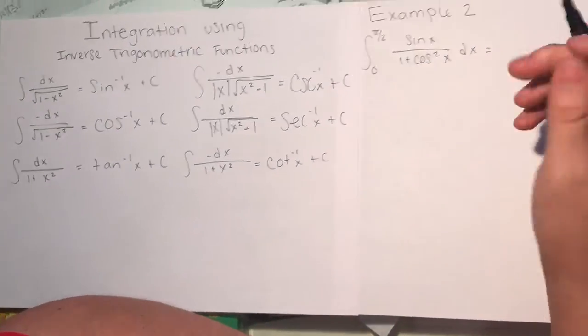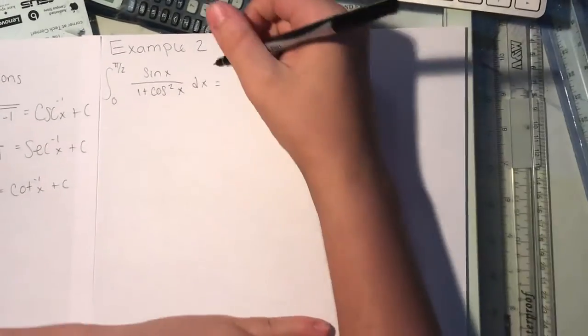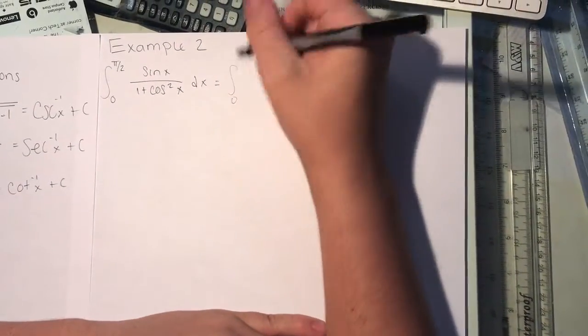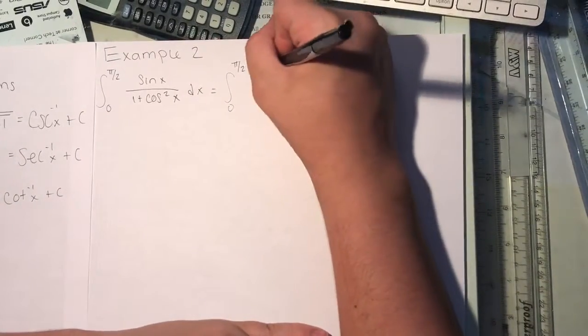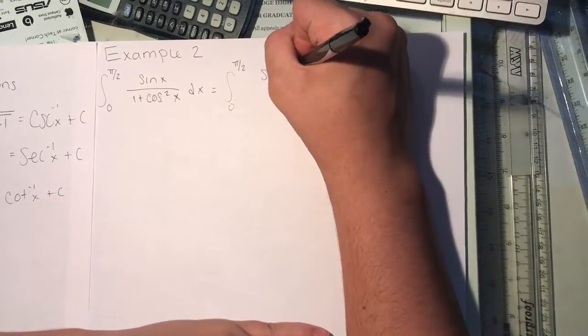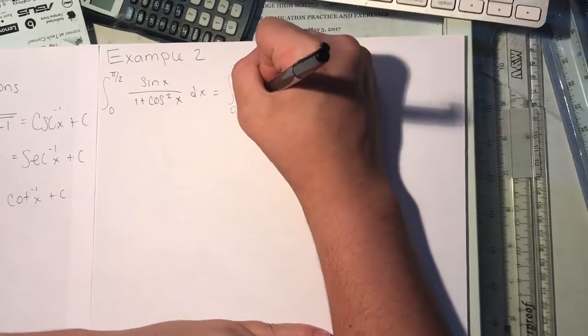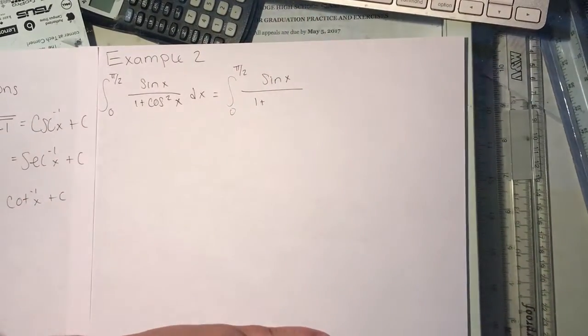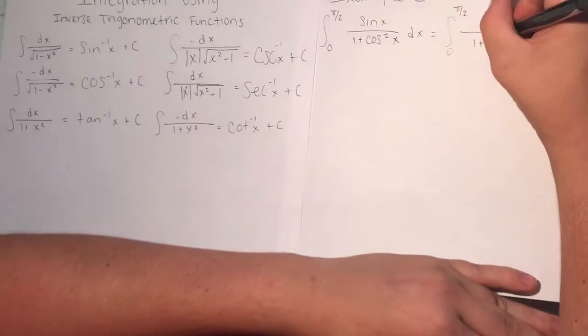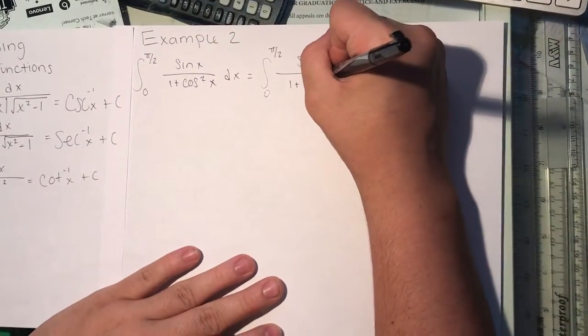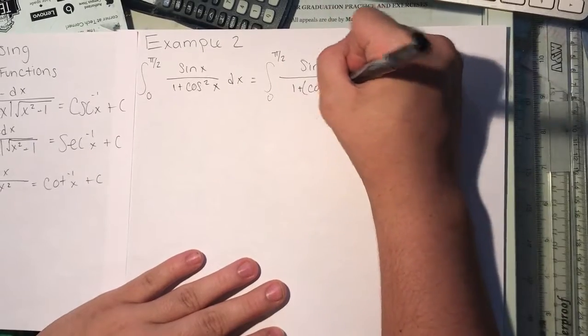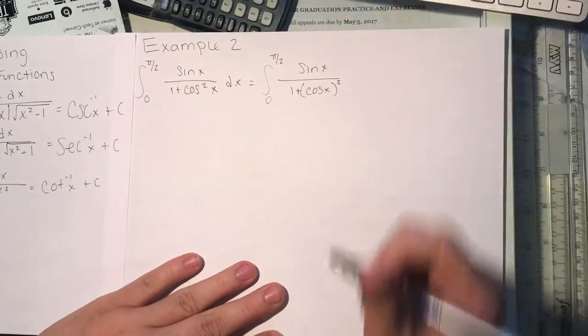So first, we're going to rewrite the equation so that we can do u substitution, and we're going to make it look like this equation as much as possible. The cosine x will be our u.